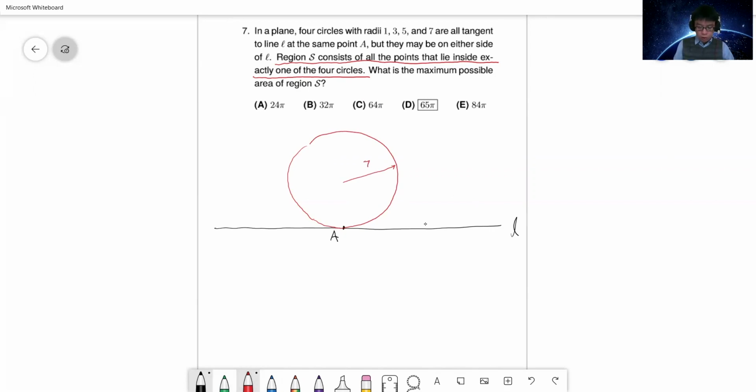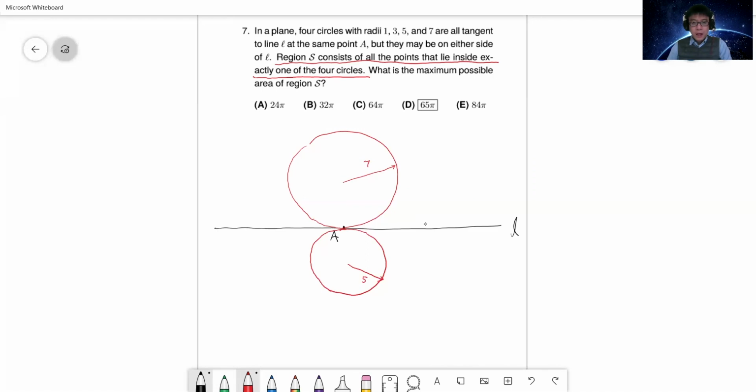And we should put the radius 5 on the other side. Next, the small circles, with radius 1 and with radius 3, they must lie in one or two of these two circles.